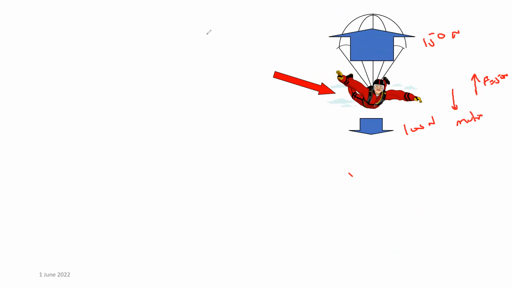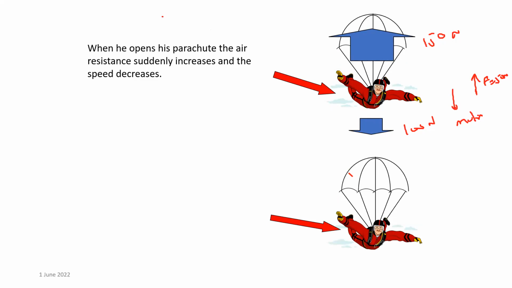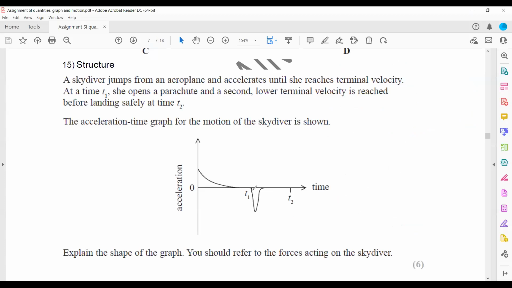This produces a deceleration, or negative acceleration. That's why in the graph you can see a negative acceleration. At time T1 he opened the parachute, so air resistance is more than the weight, the upward force is greater than the downward force, and he will decelerate.